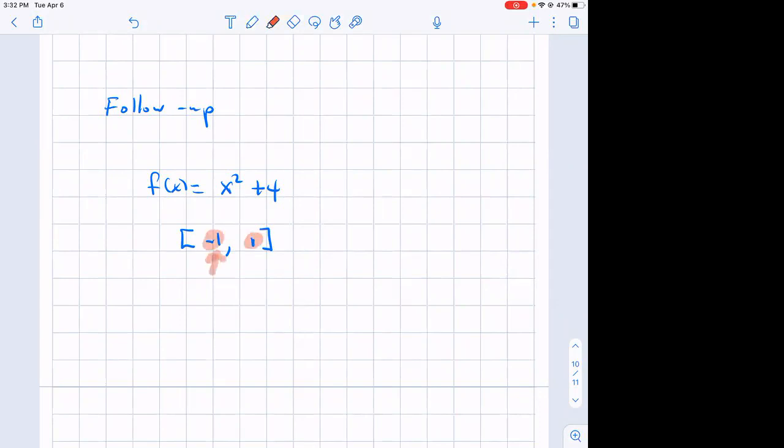This could have been a 5 and this could have been an 8. It doesn't matter. What you have to test is f of -1 and f of 1. You cannot choose values in between. You have to check the left end and the right end. Okay, got you.